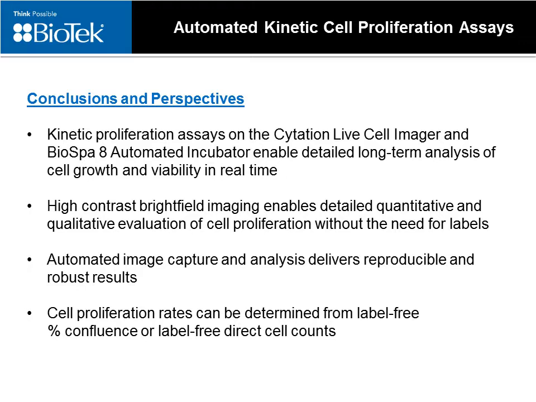And this automated system provides a convenient and reproducible method for conducting robust proliferation assays. And proliferation rates can be measured using percent confluence, or label-free direct cell counts can be used to provide an even more sensitive and straightforward evaluation of cell proliferation.